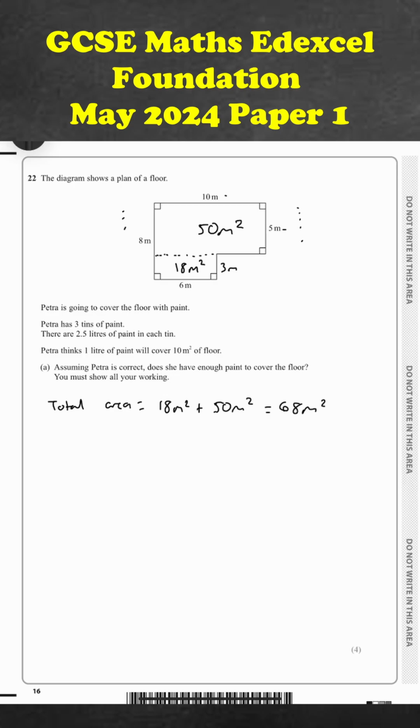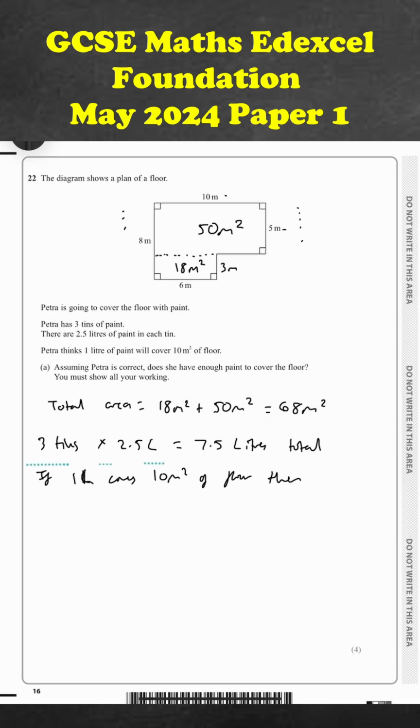So she has 3 tins of paint, and there are 2.5 litres in each tin. So she has 7.5 litres total. If 1 litre covers 10 metres squared of floor, then 7.5 litres covers 75 metres squared of floor.